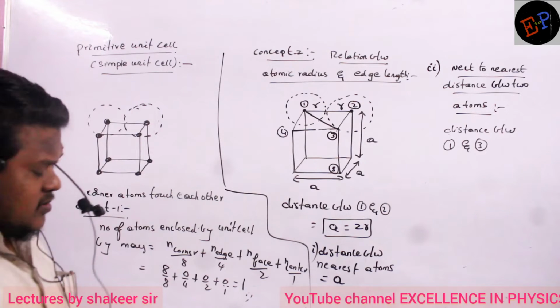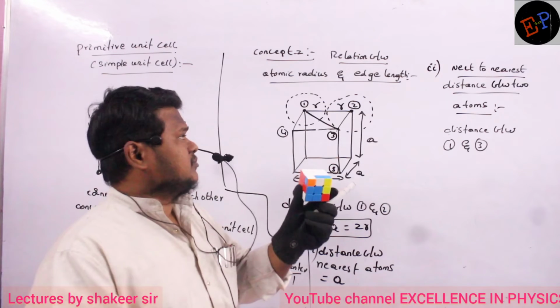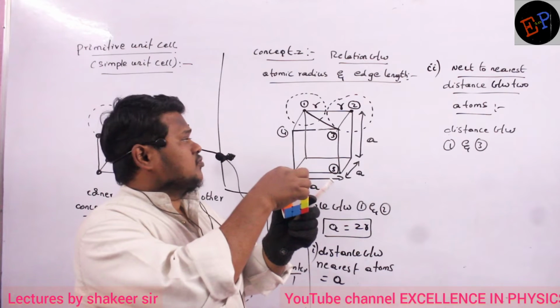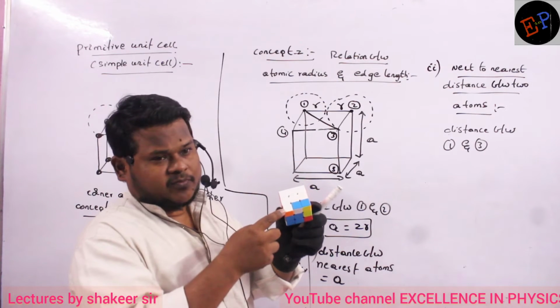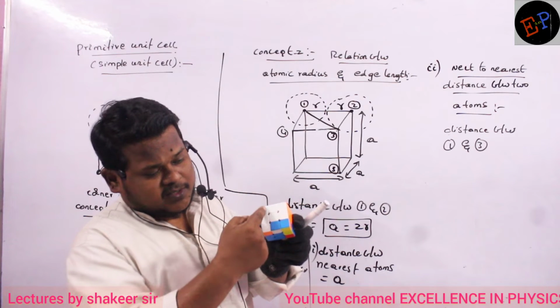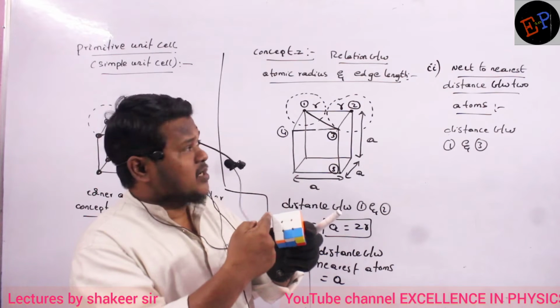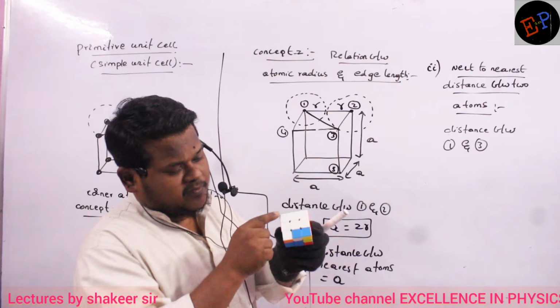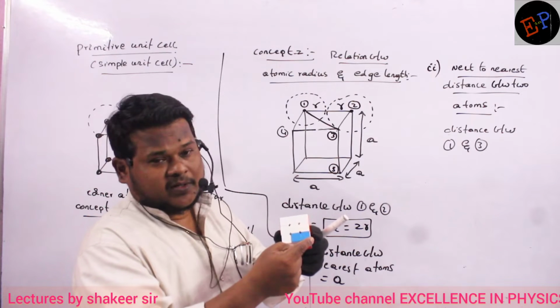Now see. This is point number 1, point number 2, point number 3, point number 4. All of them are present on the same face, no? The first nearest distance is the distance between 1 and 2. The next nearest distance must be between 1 and this point, point 3.